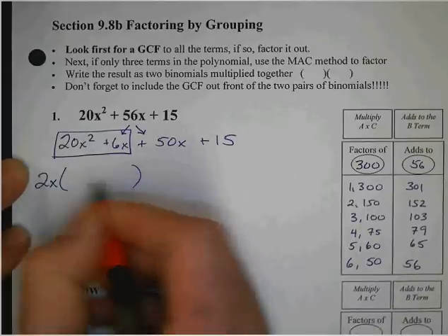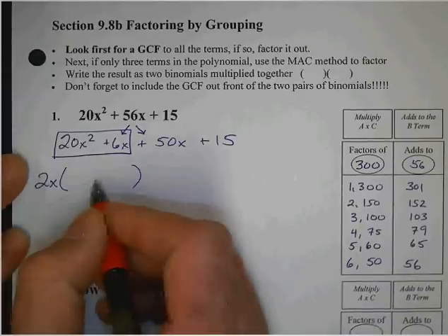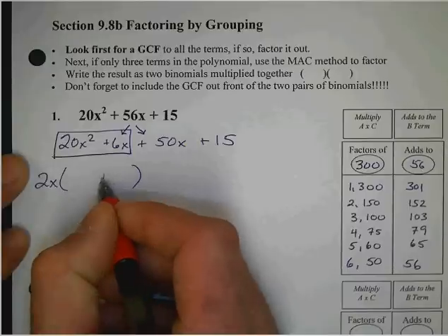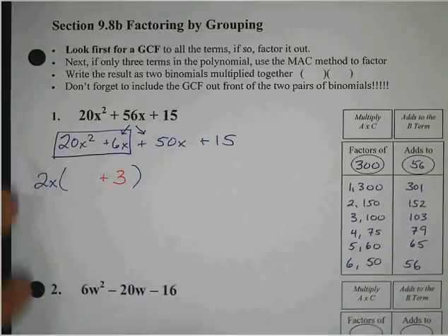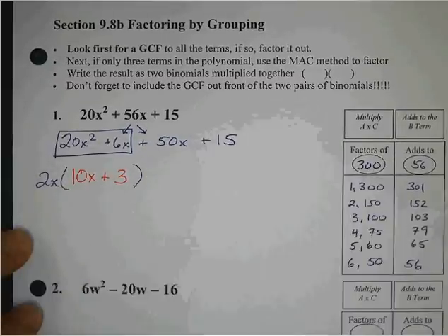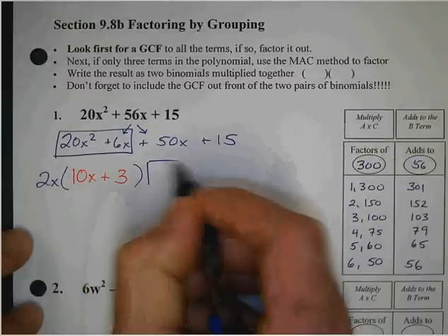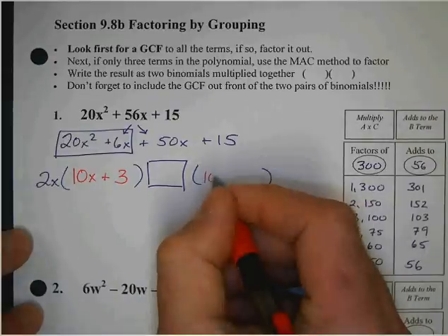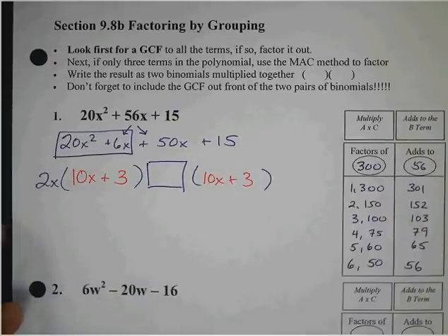Drew or Kyle, can you tell me what would be left inside? A 10x, and a 3 at the back. At the back, hopefully if this works, we should have a 10x plus 3.